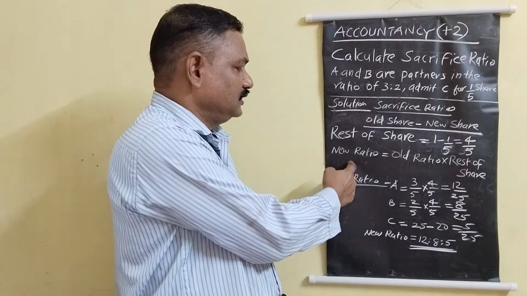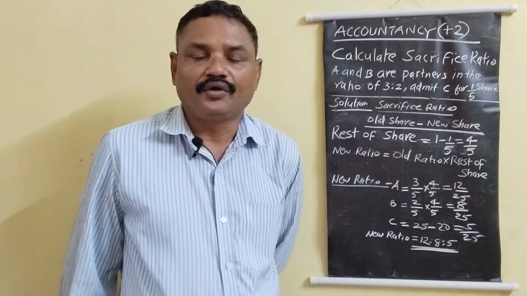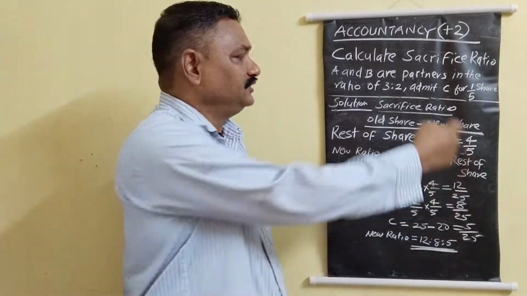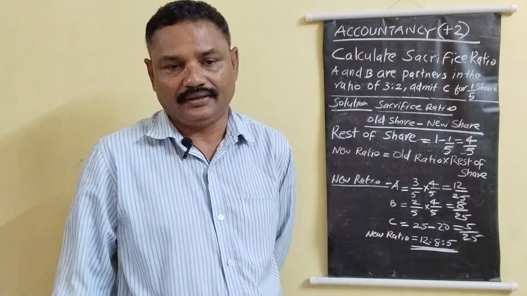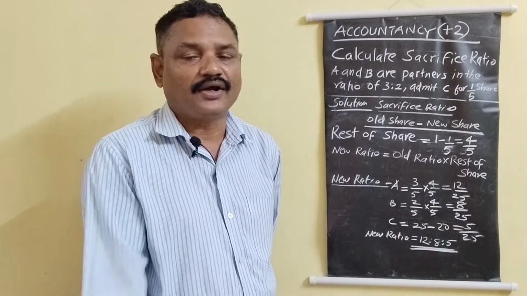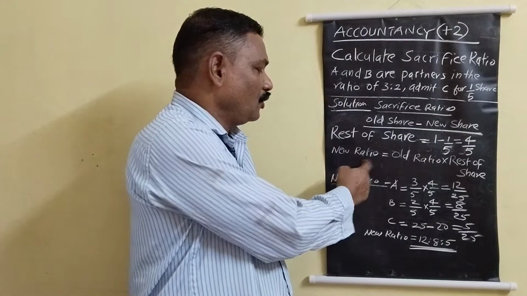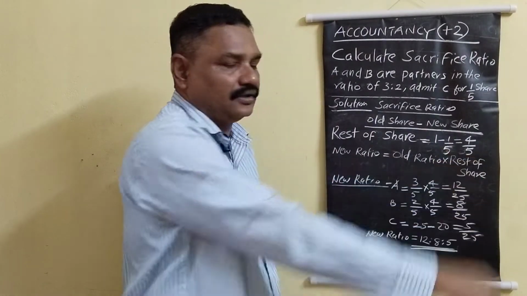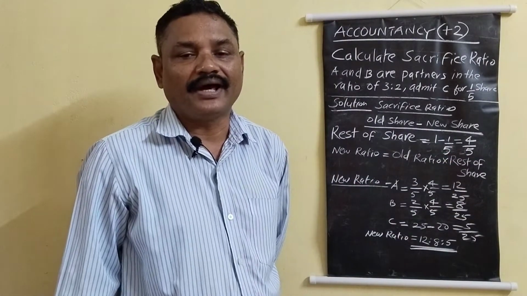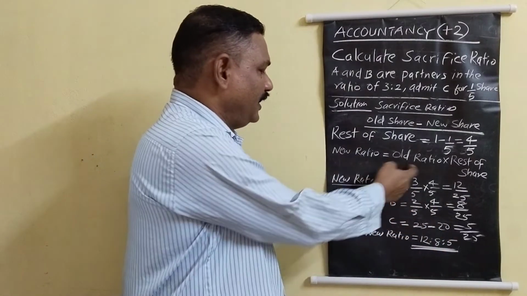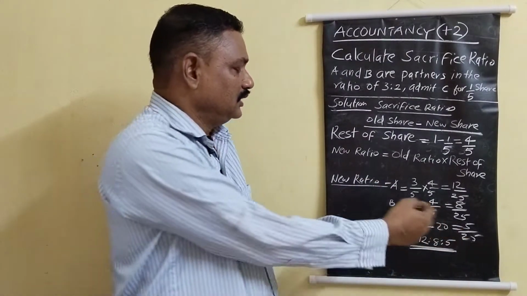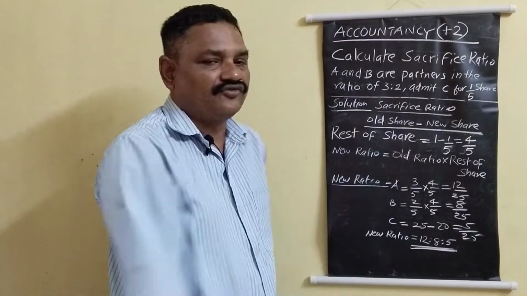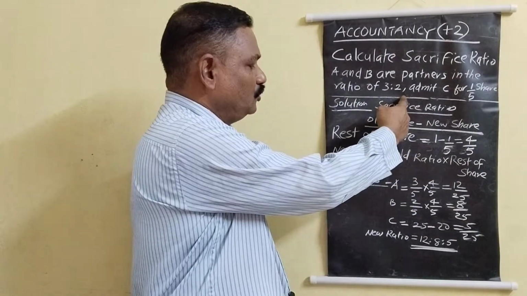Okay, friends. So first of all, we have to find out the new ratio. Here, new ratio is not given, so we must find out the new ratio. New ratio is equal to old ratio into rest of share. Old ratio multiplied by rest of share. Just look, our old ratio given in the question is 3:2.